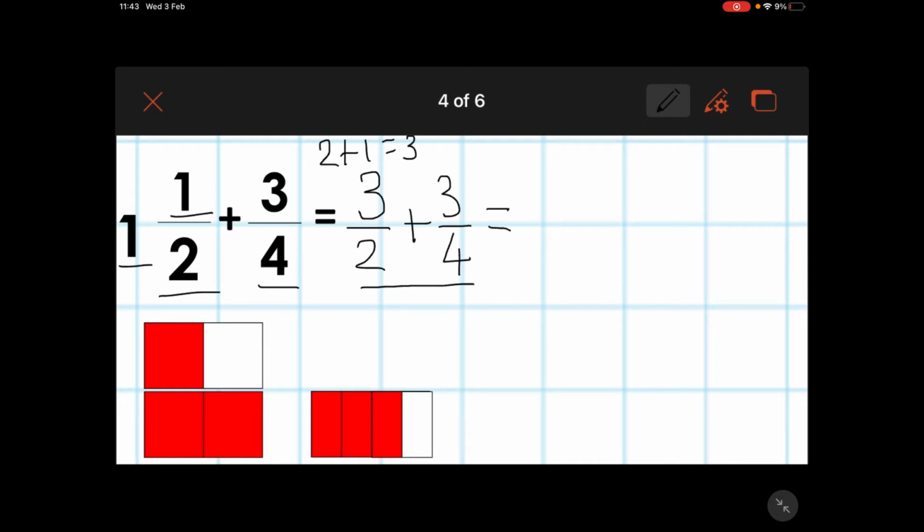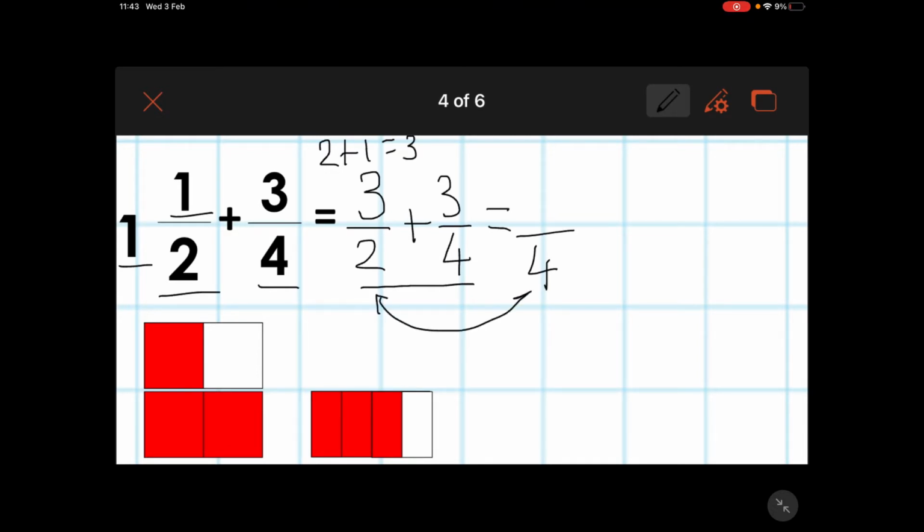So to make it easier, we're going to give them a common denominator. If you cannot remember how to do this, look back at the adding and subtracting fractions with different denominators video to refresh your memory. Now here, the lowest common multiple of 2 and of 4 is 4. So we will have denominators of 4.